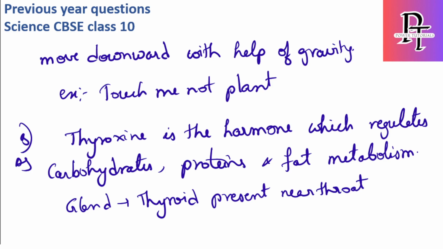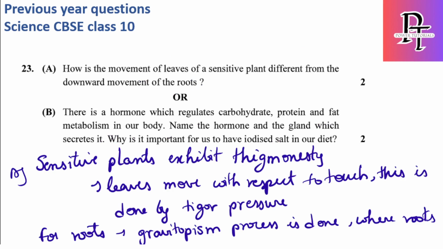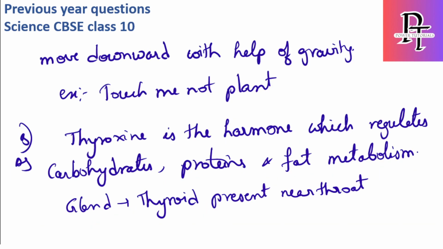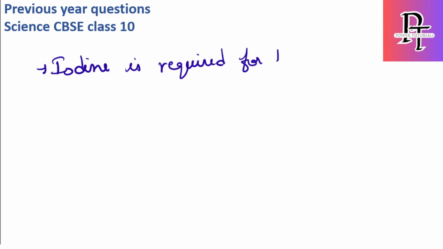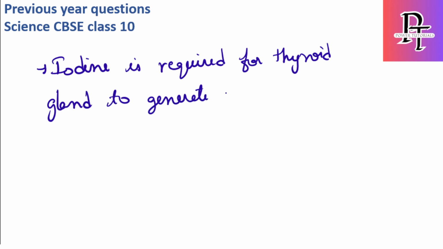So next, why is iodized salt important? Iodine is required for the thyroid gland to generate thyroxine. Hence, iodine is required.